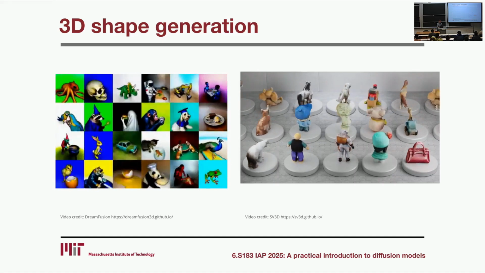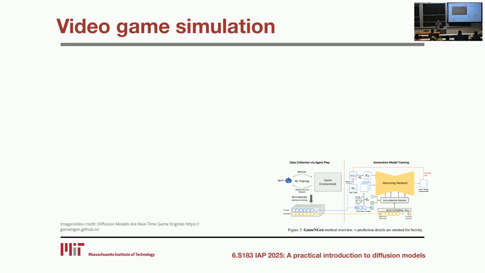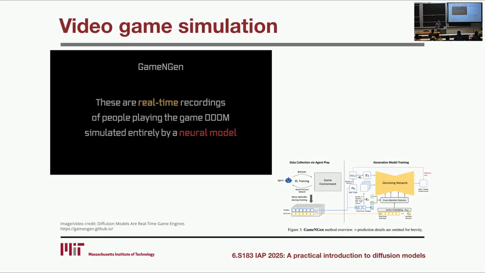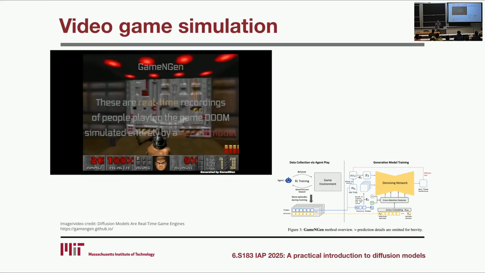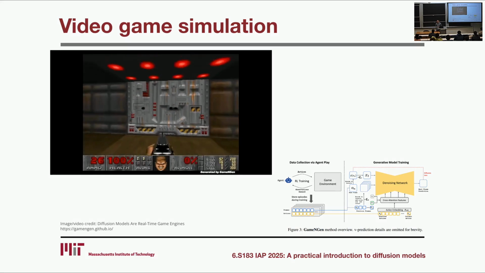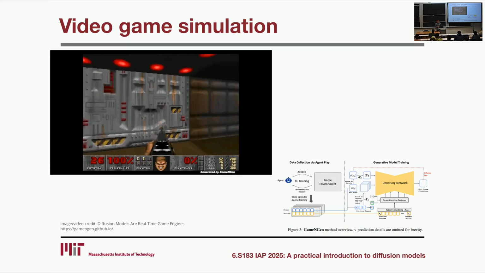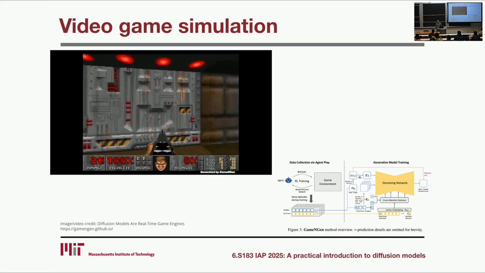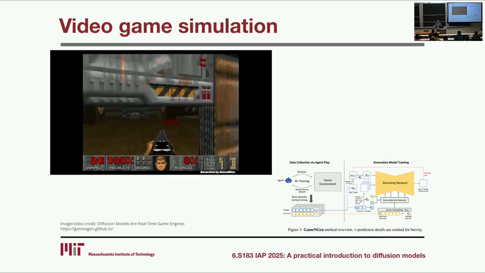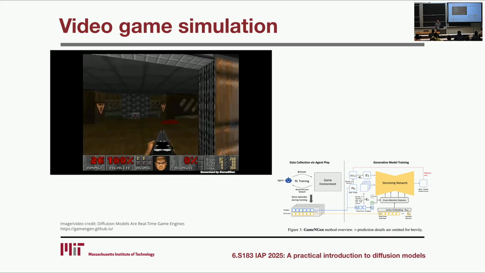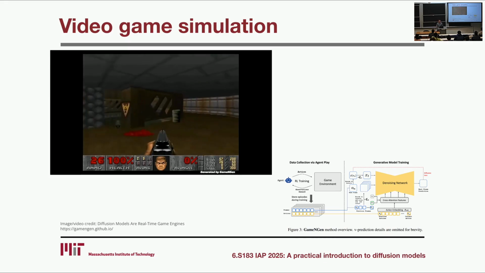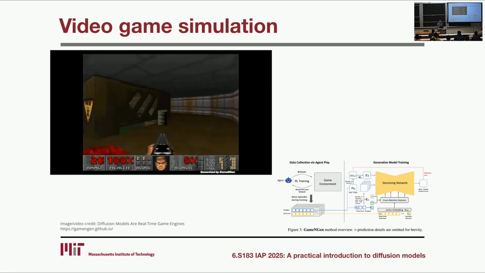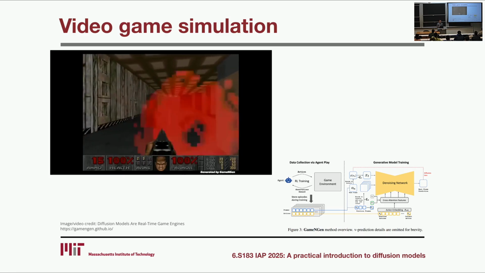All right. And here's one newer application which I find very impressive, where it's able to basically simulate a game engine. What it takes as input is your control inputs, like keyboard actions, and it's able to predict what's going to happen in this game.